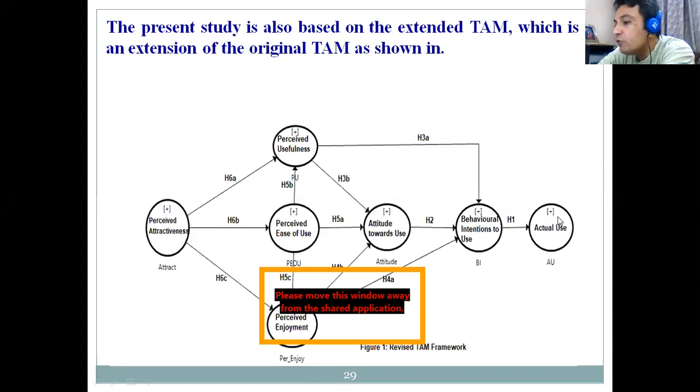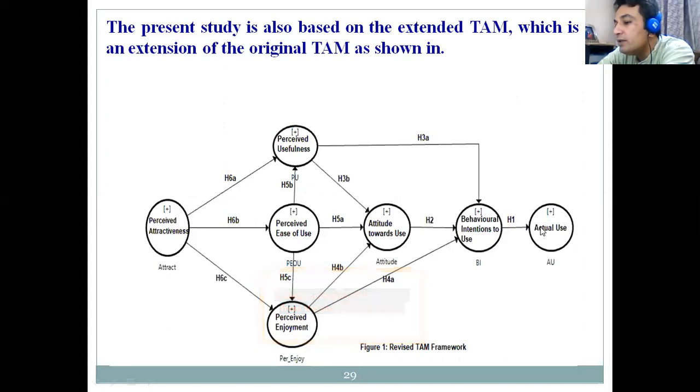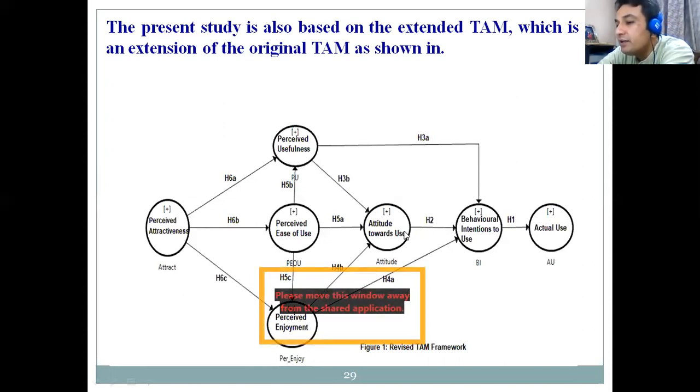This is what we want to predict: the actual use. So my first hypothesis, H1, is that behavioral intention to use is going to determine actual use. Clear? Now this is preceded by attitude towards use, which is going to form behavioral intention. So that is H2.